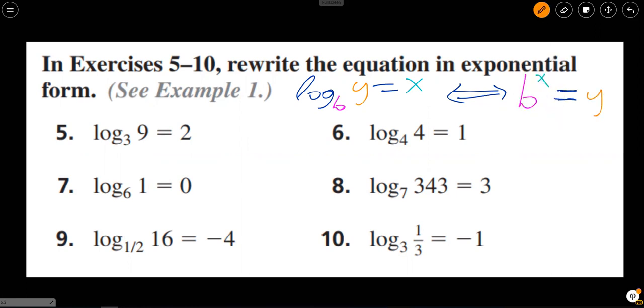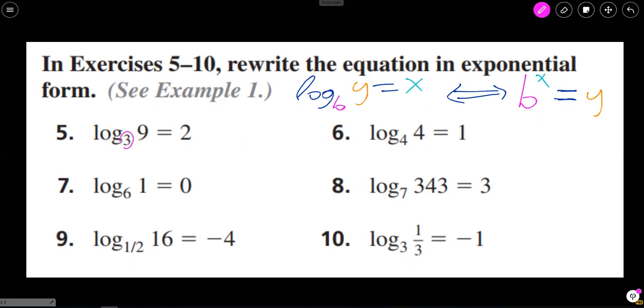So these are related statements. Maybe not equivalent is the best thing to say, but these functions are inverses of each other. The exponential functions and the logarithmic functions are kind of like opposites, like plus and minus, or multiplication and division. Because of this, we can very quickly write through and figure out our answers here. I'm going to circle all my bases really fast.